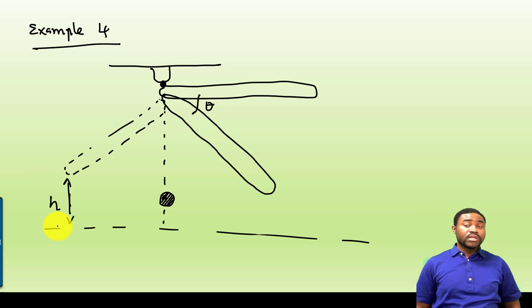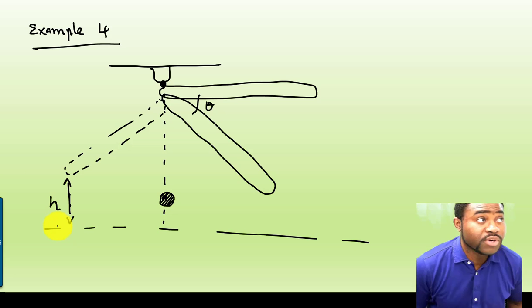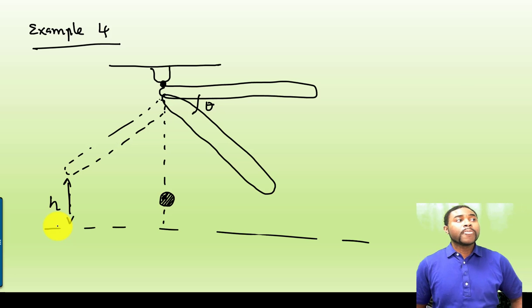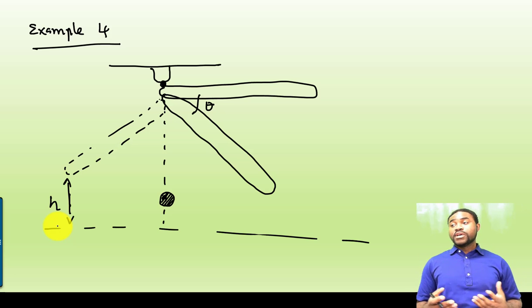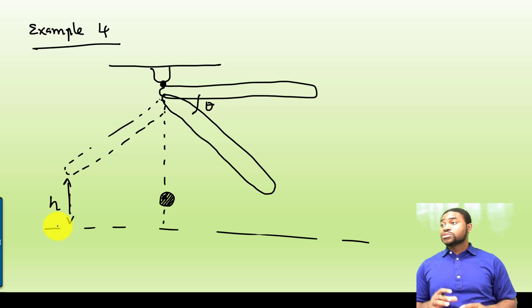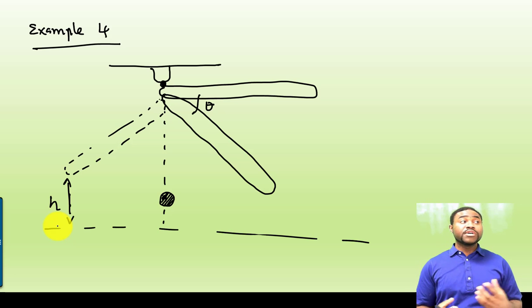We are going to combine a lot of laws here. I just want to walk you through the process of analyzing problems in rotation. I'm going to use different methods to do the same problem so that you could see how each can be applied.